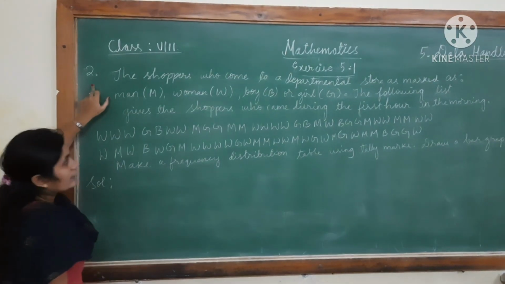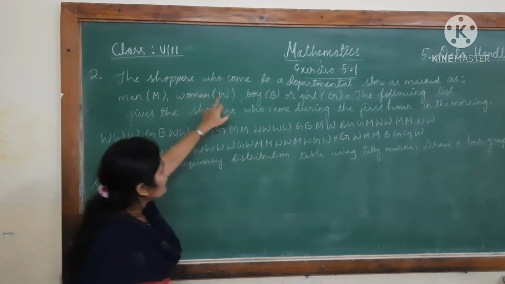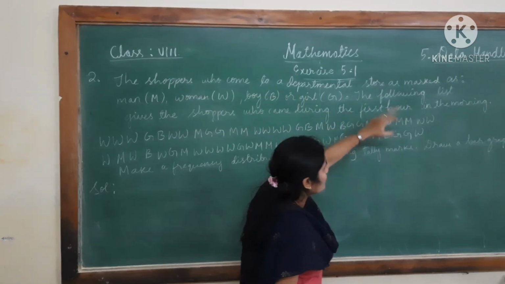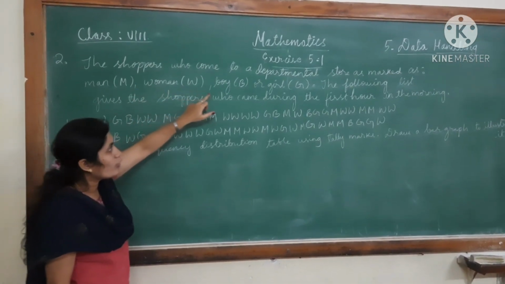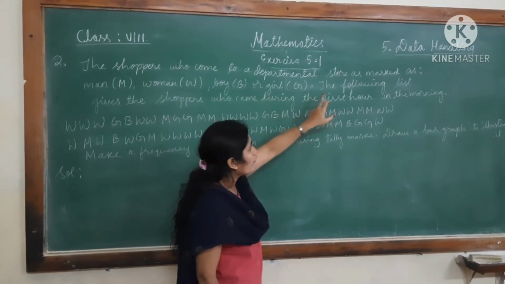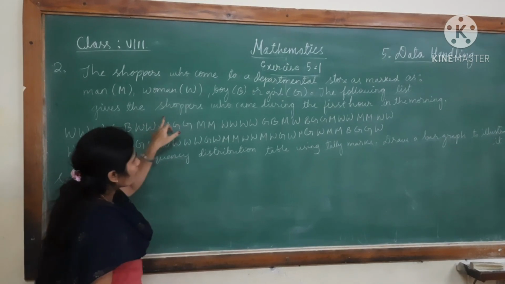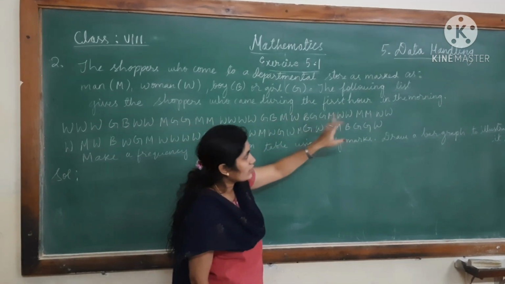Now let us move on to the second problem. The shoppers who come to a departmental store are marked as man M, woman W, boy B or girl G. The following list gives the shoppers who came during the first hour in the morning.